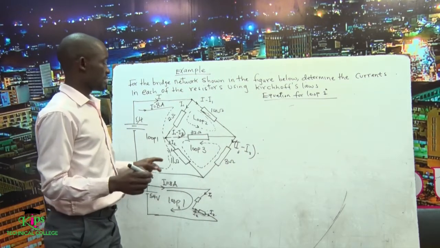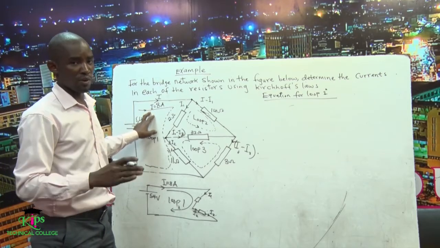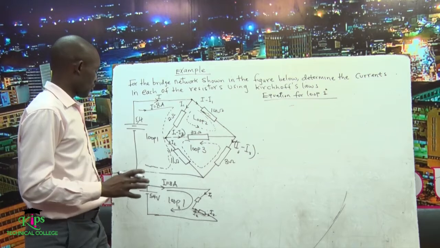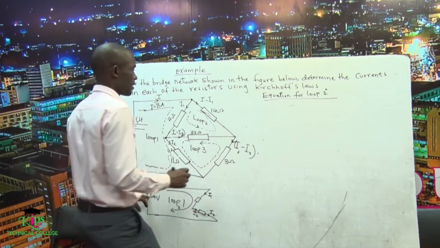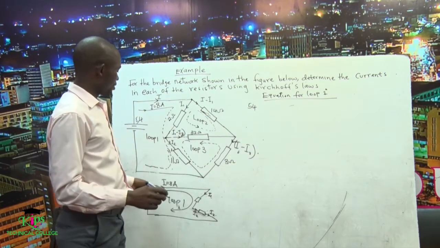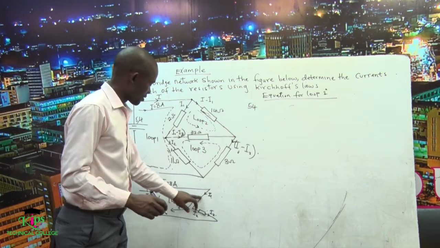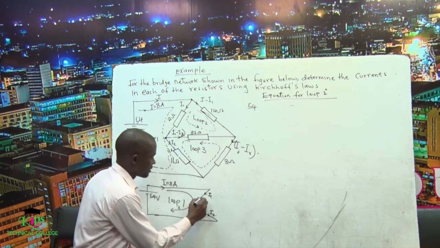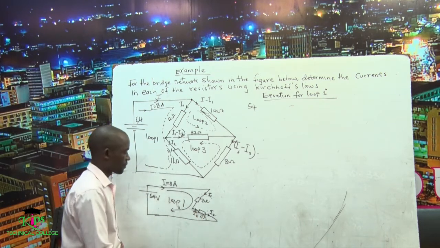In the first case we applied Kirchhoff's current law. In this case we shall be applying Kirchhoff's voltage law, where we will say the total voltage supplied will be equal to the voltage drops. So this voltage is equal to the voltage drop across this plus the voltage drop across this. Remember, this is 2 ohms and this is 11 ohms.